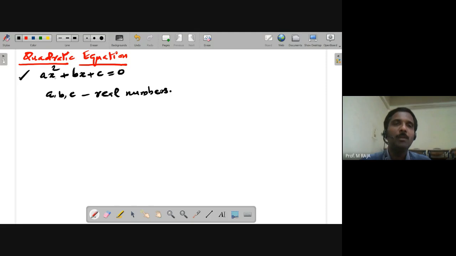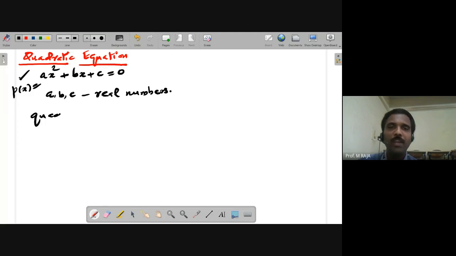Since this is a polynomial of degree 2, suppose p of x is equal to ax square plus bx plus c. Clearly, p of x is a polynomial of x and the highest power of x is 2, so this is a quadratic polynomial.